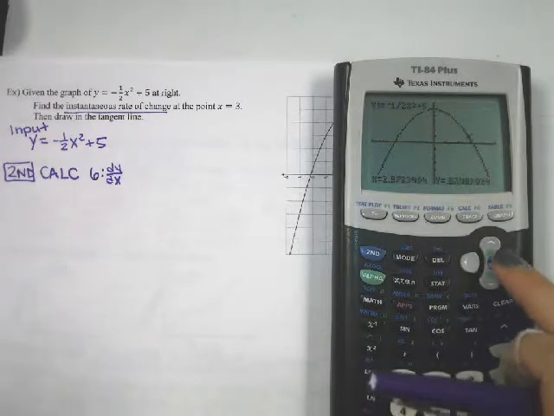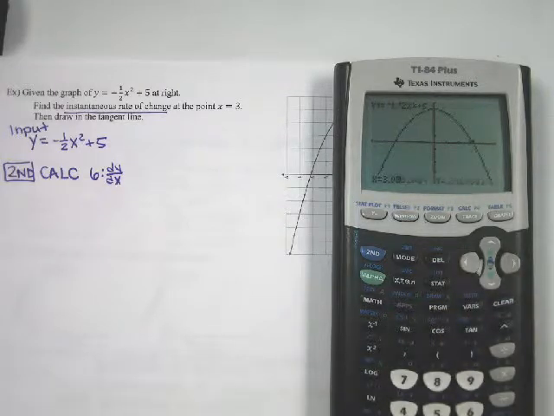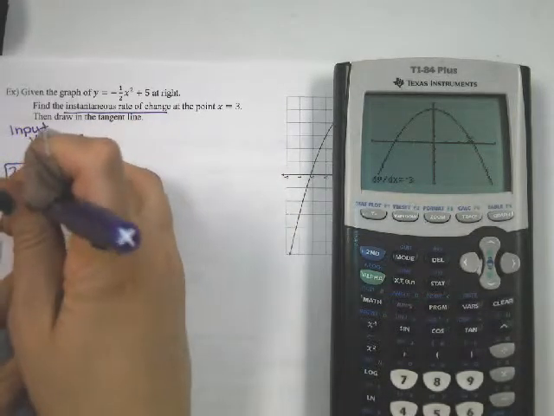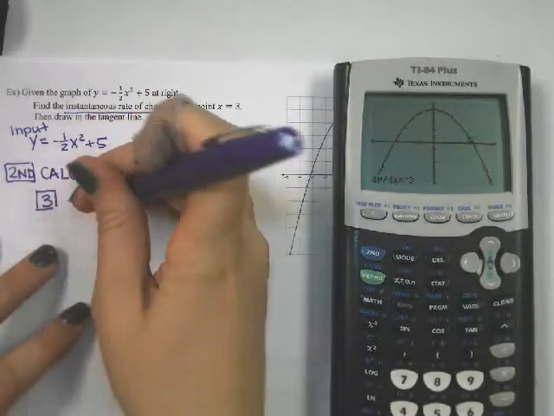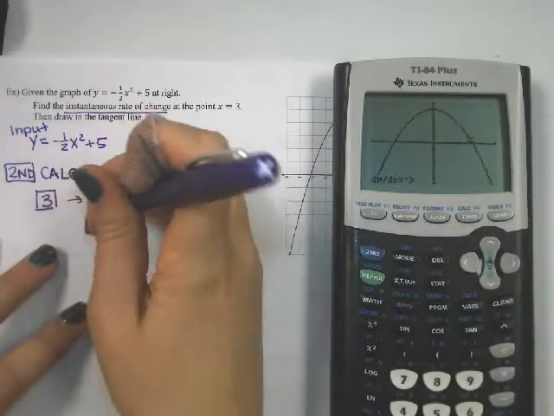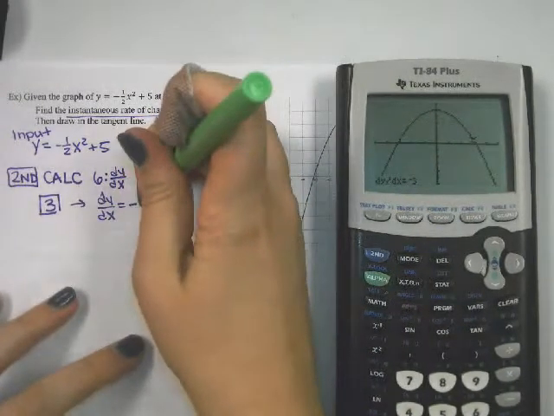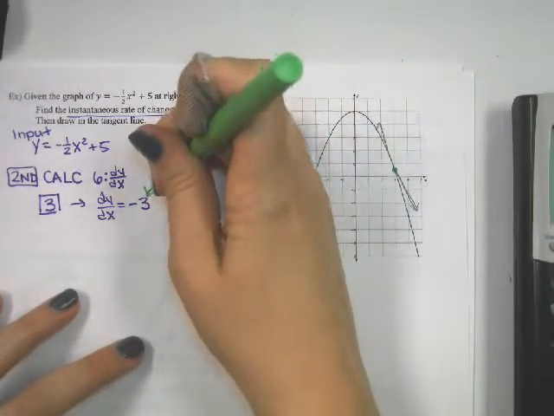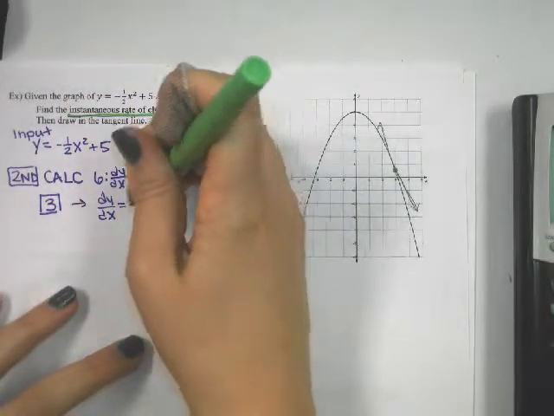But you can't get super close to it. If you press 3, then enter, it'll give you the value very specifically. It tells us dy over dx equals negative 3. So this is the instantaneous rate of change, which is the same thing as the slope of the tangent line.